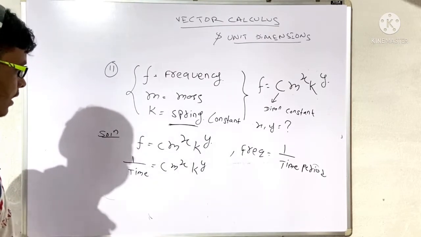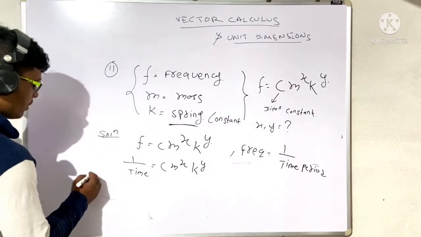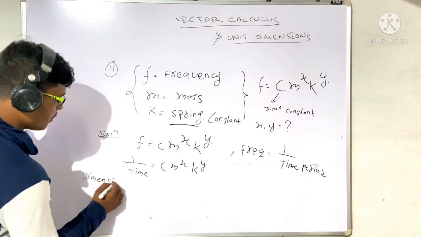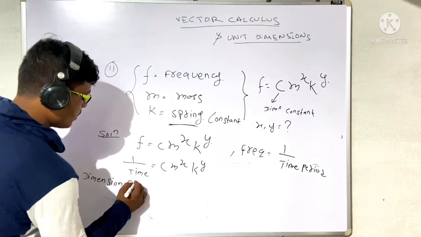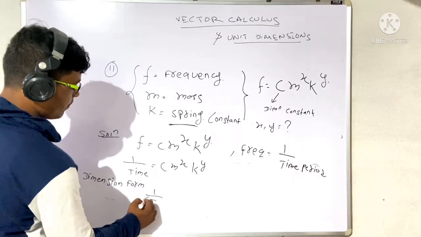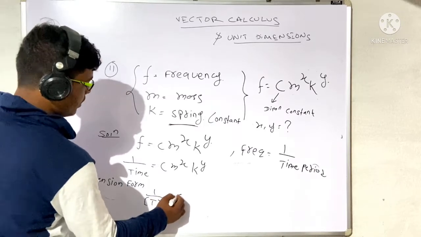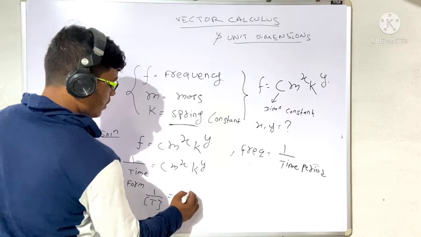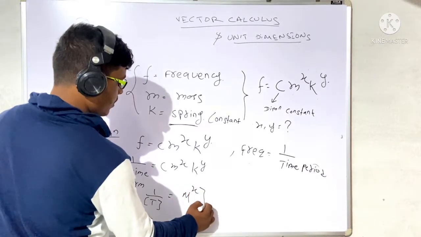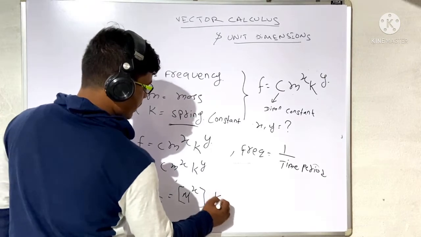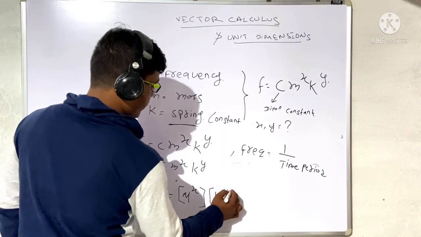So let's write it in dimension form. What is the dimension form? This is 1 by time, so 1 by t. Then c is a constant, so leave it. Then your mass m to the power x into your k to the power y.